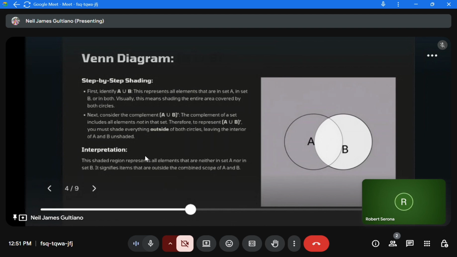Now we take the complement of that region, which includes everything outside the union. In our shaded diagram, all areas inside circles A and B remain unshaded, while everything outside the circles is shaded. The shaded region represents the set of elements that belong neither to A nor to B.